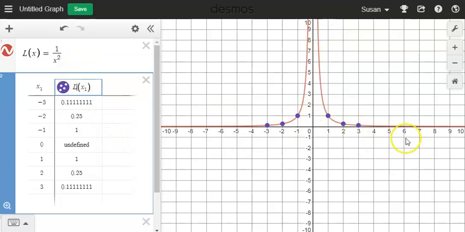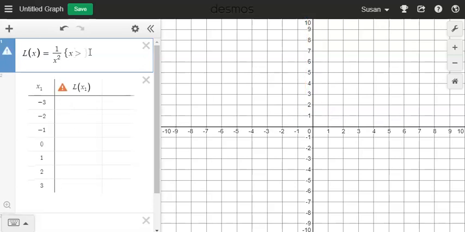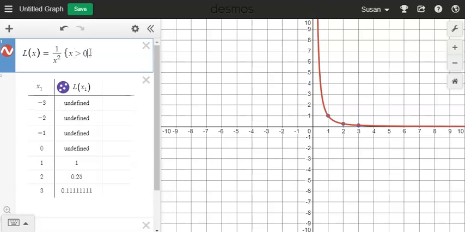Well, we can use the right side only. And if we do that, we're going to say x is greater than 0. Now, unlike before, we had to say greater than or equal to 0. But in this problem, you can't really have a 0, because at 0, that function is undefined. So we'll just restrict that to x is greater than 0. Now all the y values are different, and they will continue to go down.